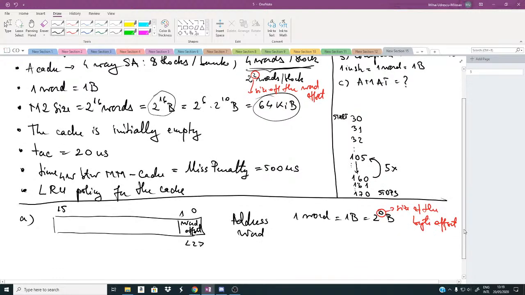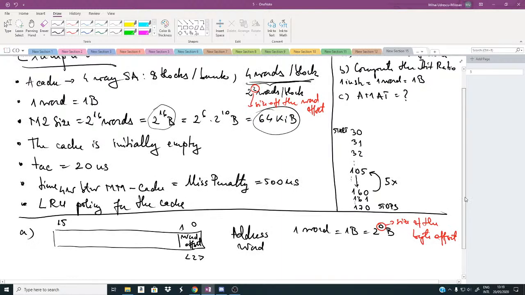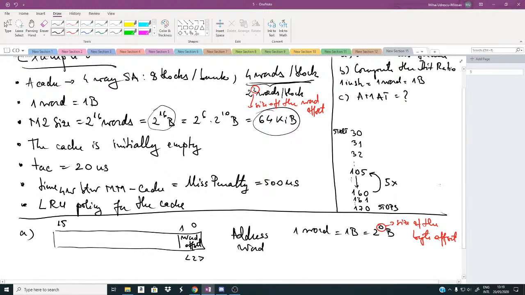And then I have the index. Now, let's see about the index. Well, not too much to say about the index because we are told that we have 8 blocks per bank, and that is the index. How many indexes per bank?